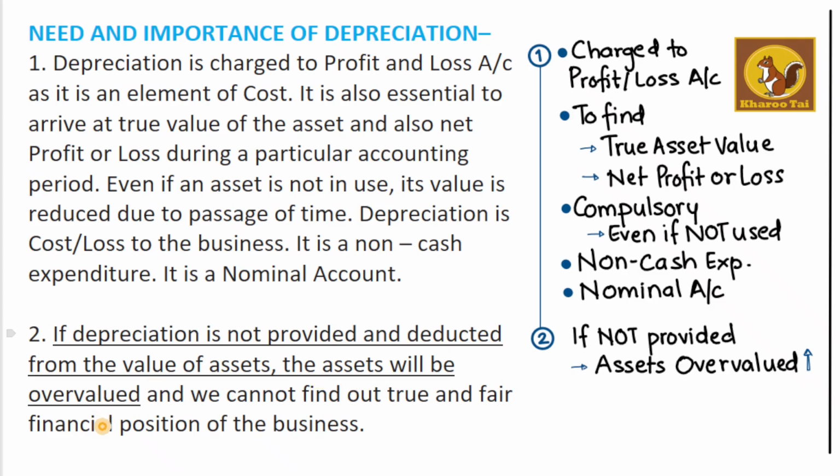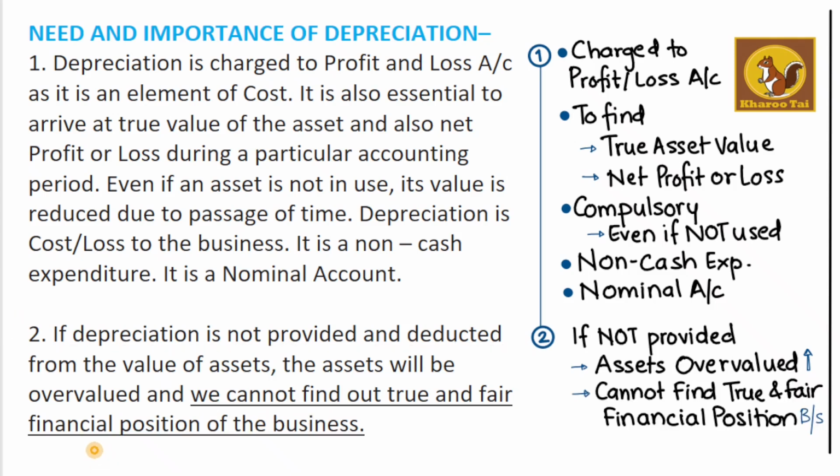That means the value is more in the balance sheet, right? Fixed assets are shown in the balance sheet. The balance sheet shows the financial position of the business, and if we are not charging depreciation, we are overvaluing assets. We are showing assets at more value. That means we are not showing true and fair value in our balance sheet. So that's why we need to charge depreciation.